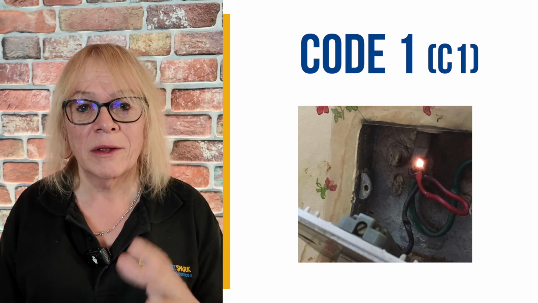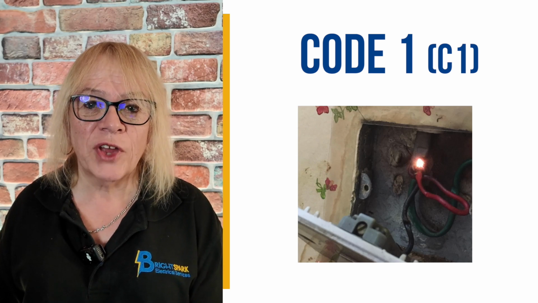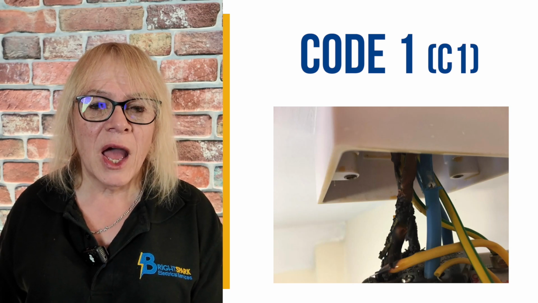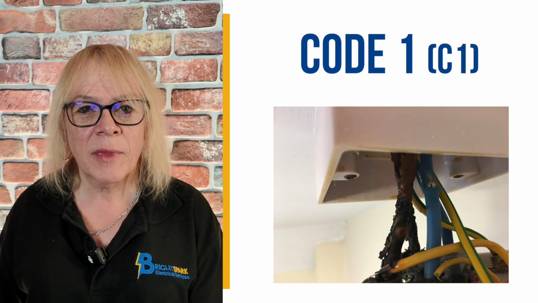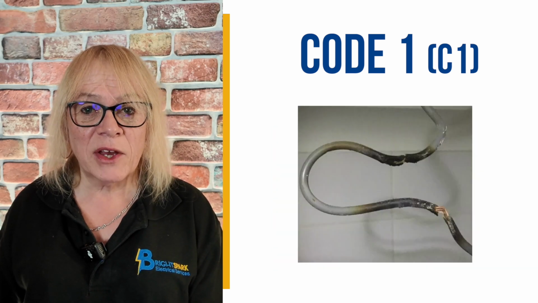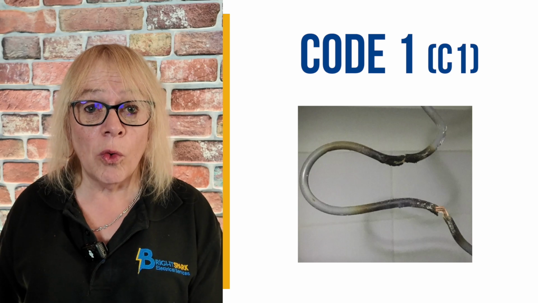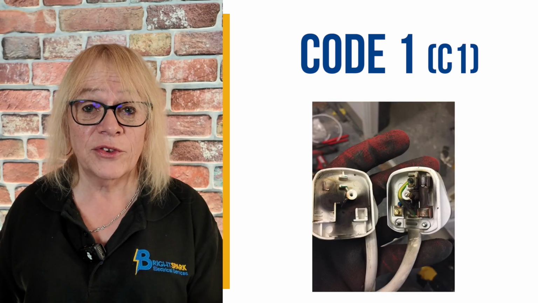Code 1, C1. This indicates a danger presence with a risk of injury and immediate remedial action is required. During the inspection, the electrical engineer may have disconnected part or all of the affected areas to prevent further hazards.